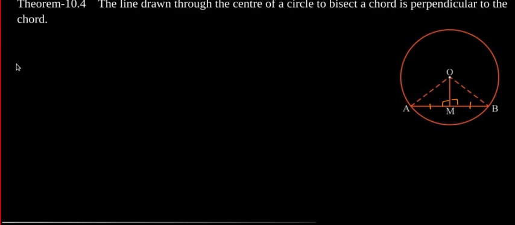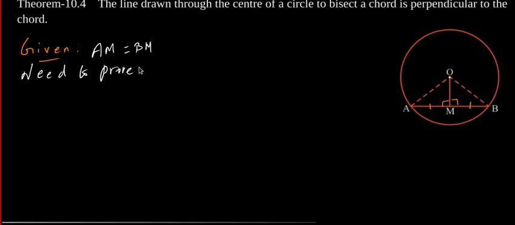So what is given here? AM equal to BM is given. What we need to prove is angle OMA equal to angle OMB equal to 90 degrees. We need to prove it will make perpendicular. We'll go for the proof.